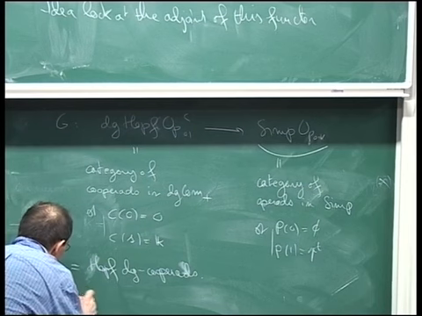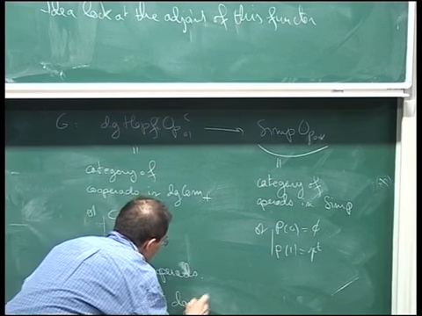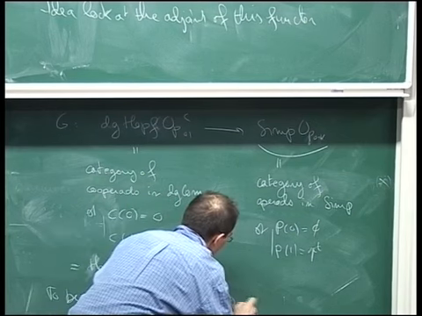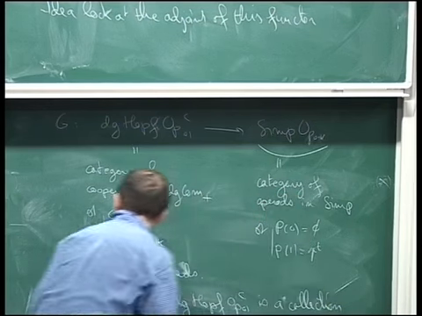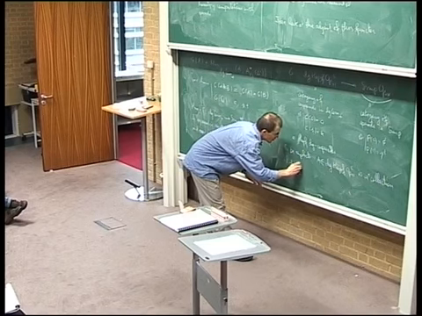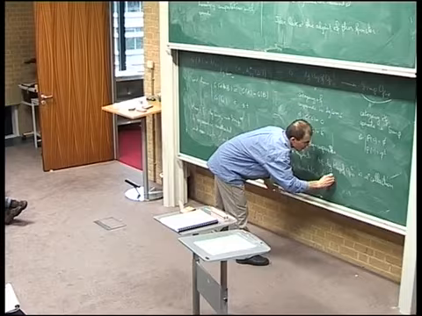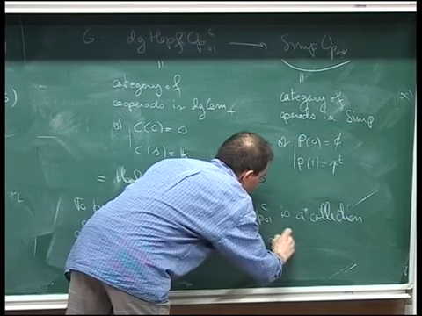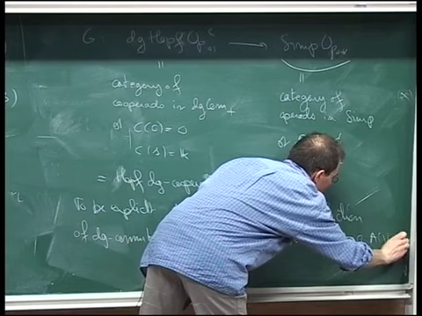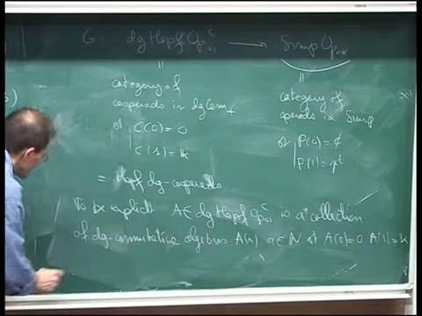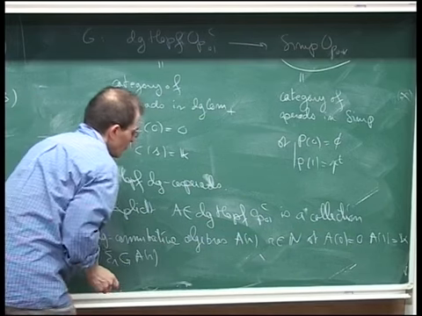To be explicit, an object in this category is a collection of DG commutative algebras A(r) such that A(0) is 0, A(1) is K, with an action of the symmetric group on each term. And operatic composition coproducts.